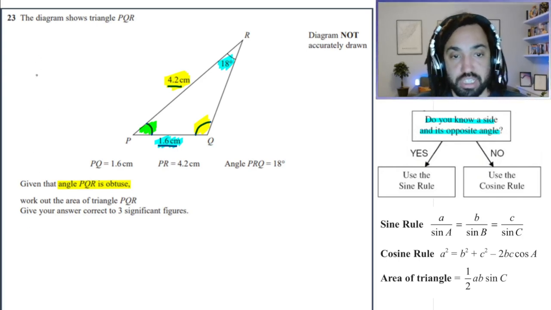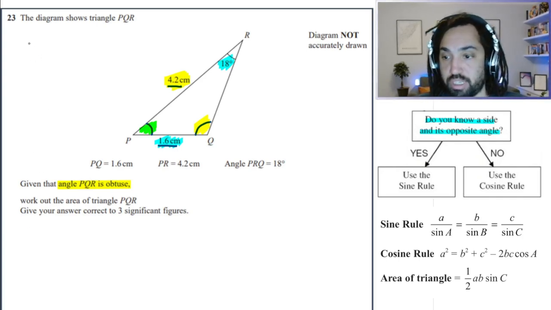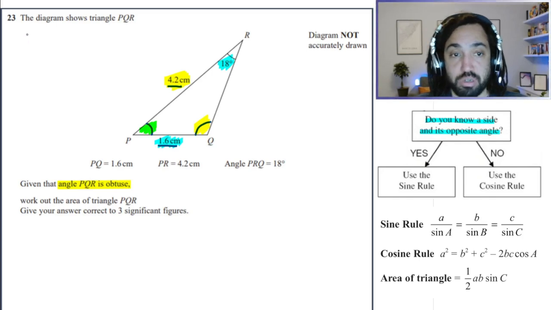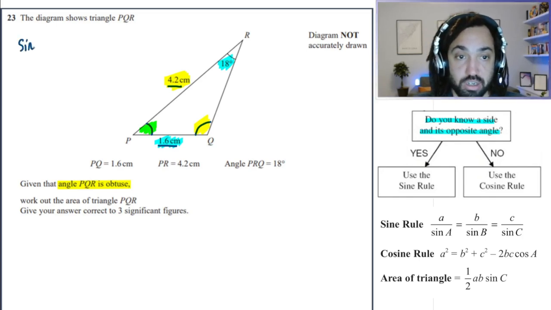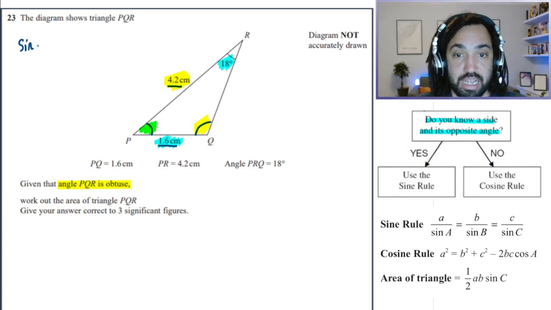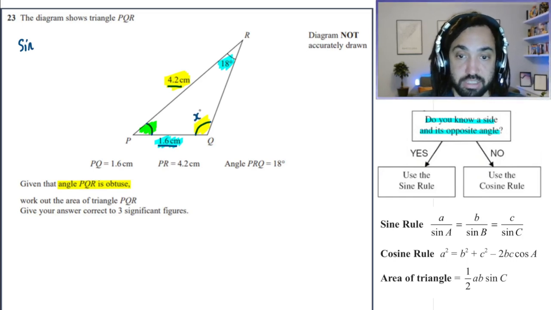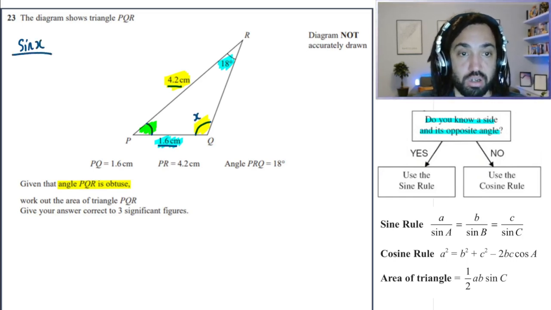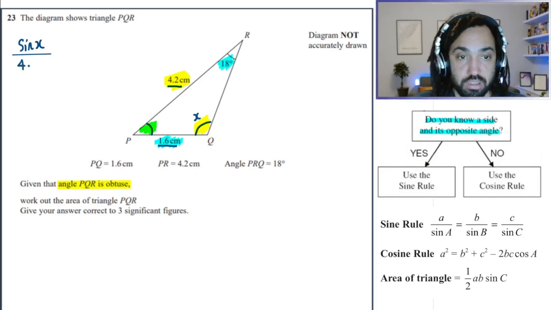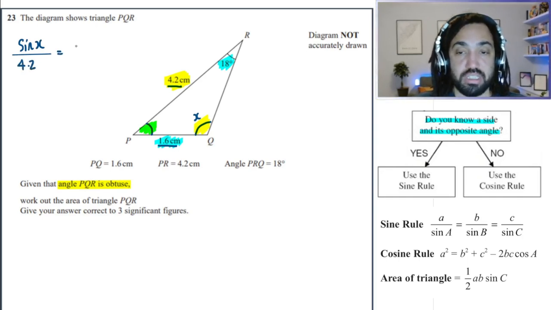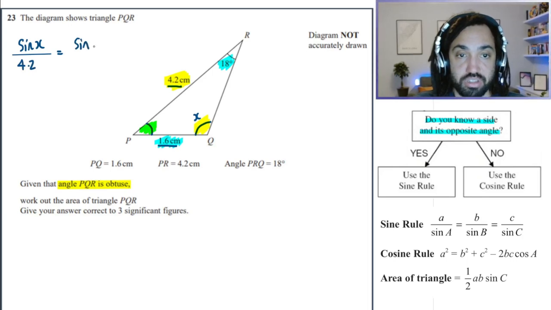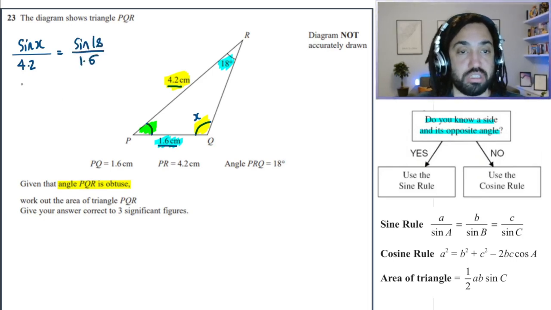Okay, so the sine rule, let's do it up here. If I'm trying to work out an angle, I always write sine of the angle we're looking for, let's call it x, on top, over the side length which is opposite, is equal to the other pair, so sine of 18 over the side length which is opposite.